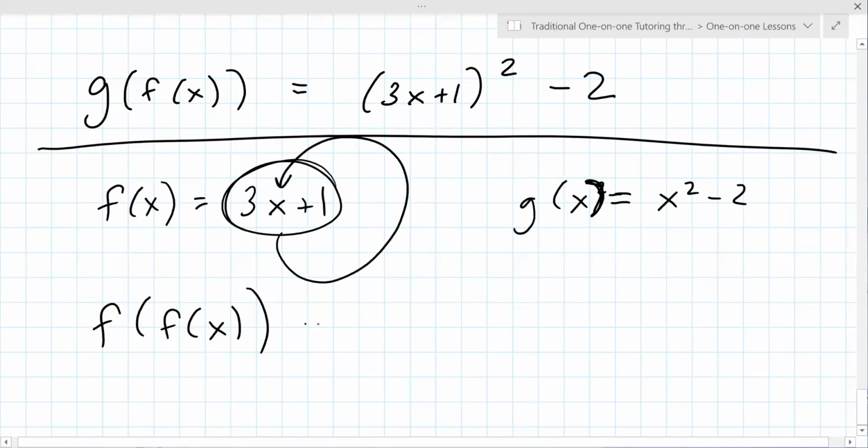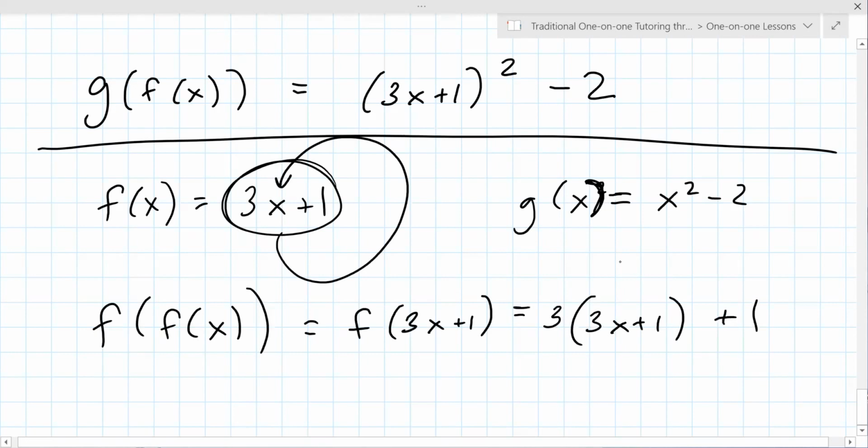Because f of x is 3x plus 1. So you take 3x plus 1 and wherever you see an x, you put it back in. So it's 3 times 3x plus 1 plus 1. See, this was x. You follow that? Wherever x is, you put the same thing back inside.